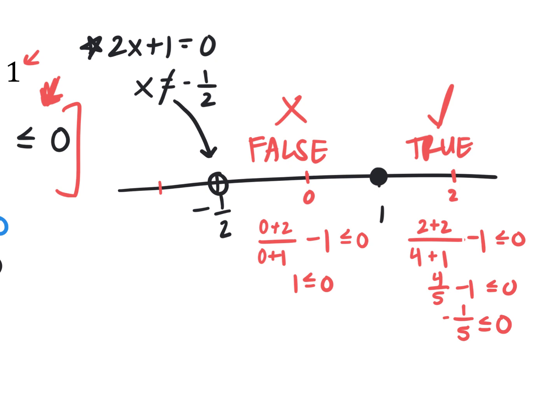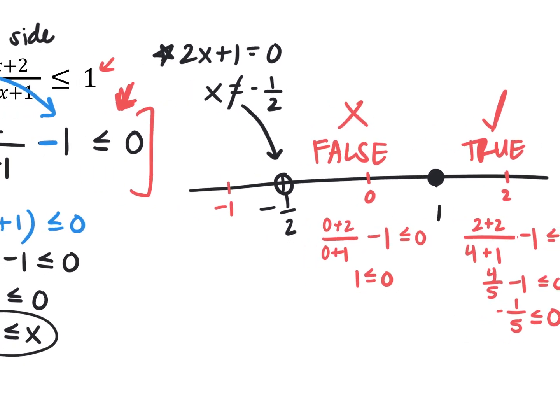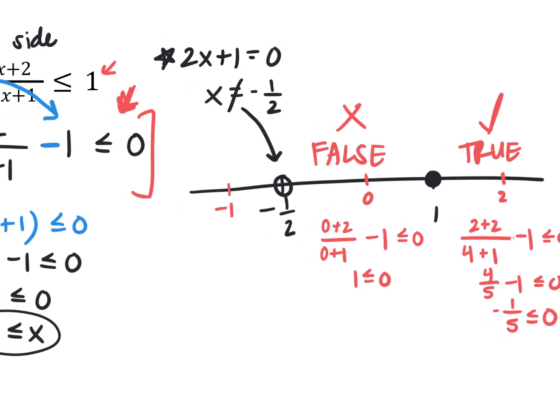Okay, so we're going to have to write that as an interval here in a minute after we check on the left of negative 1/2. Easy point to plug in on the left of negative 1/2: negative 1. So I'm plugging in negative 1 into my inequality. You're going to have negative 1 plus 2 divided by negative 2 plus 1.